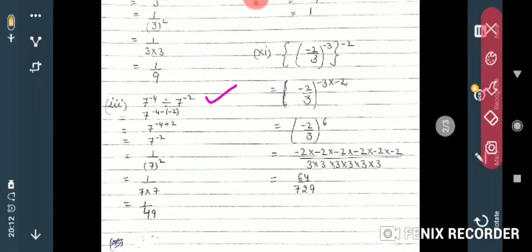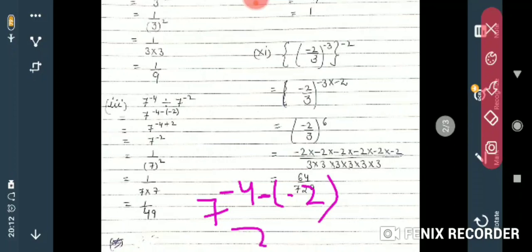Next question. 7 to the power minus 4 divided by 7 to the power minus 2. Just see, the bases are same. Yes. And we have to divide. Divide means the powers will subtract. So 7 to the power minus 4, we have to subtract minus 2.